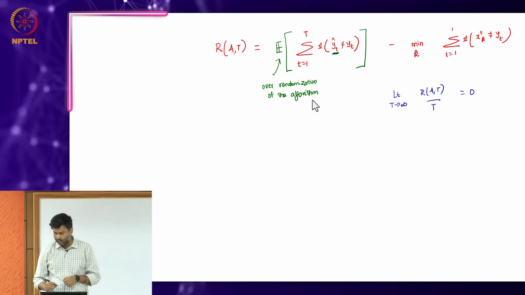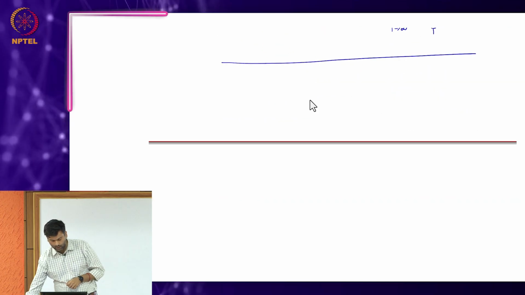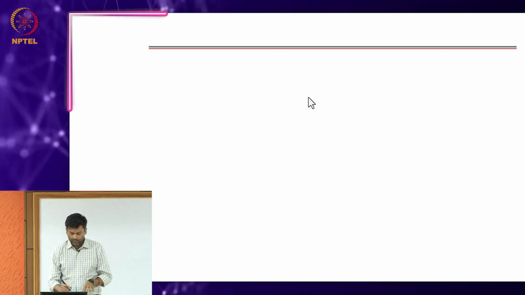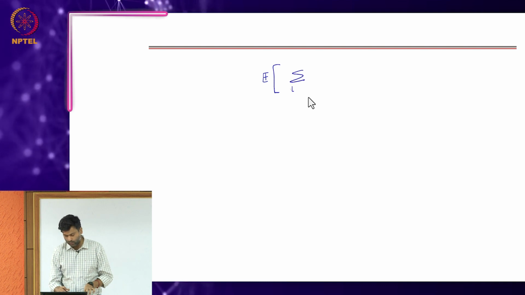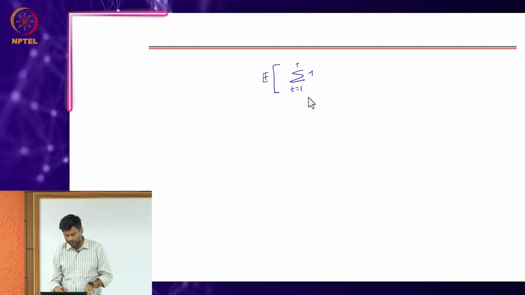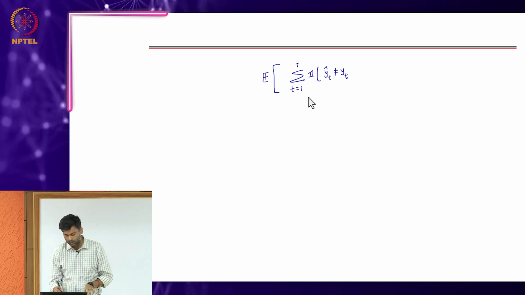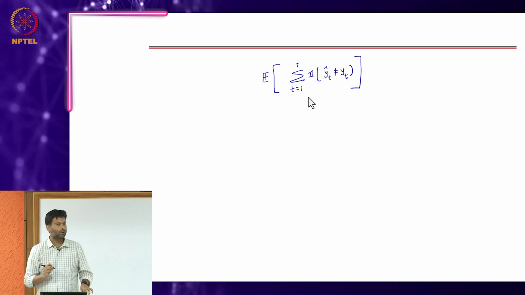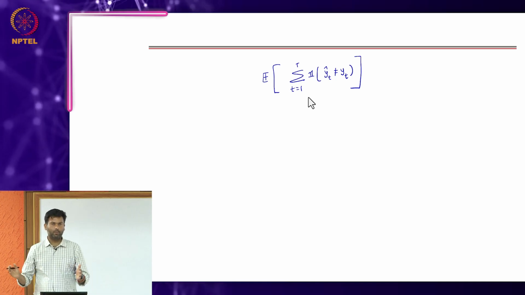Let's intuitively try to understand what power we are gaining by doing this. What are we measuring? We are measuring the expected value of the sum from t equals 1 to T of the indicator of y hat t not equals yt. This is the expected number of mistakes the algorithm makes after capital T rounds.